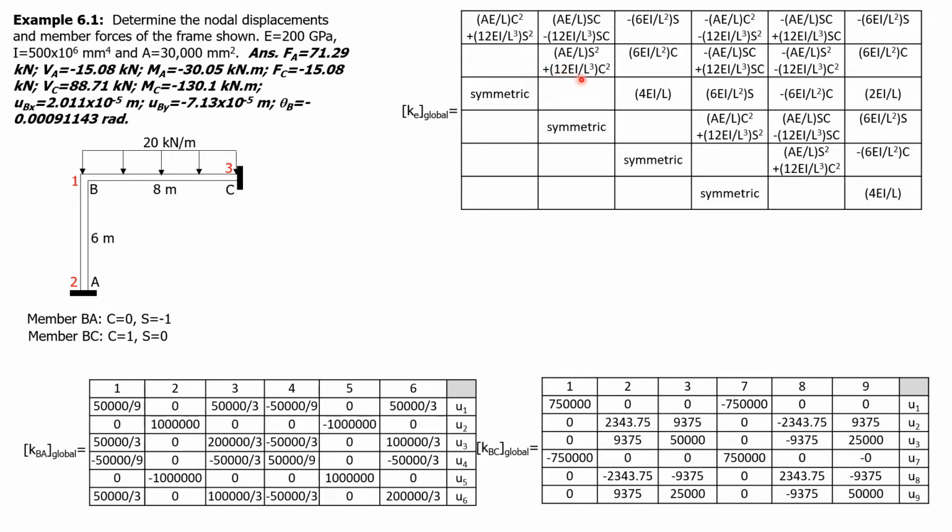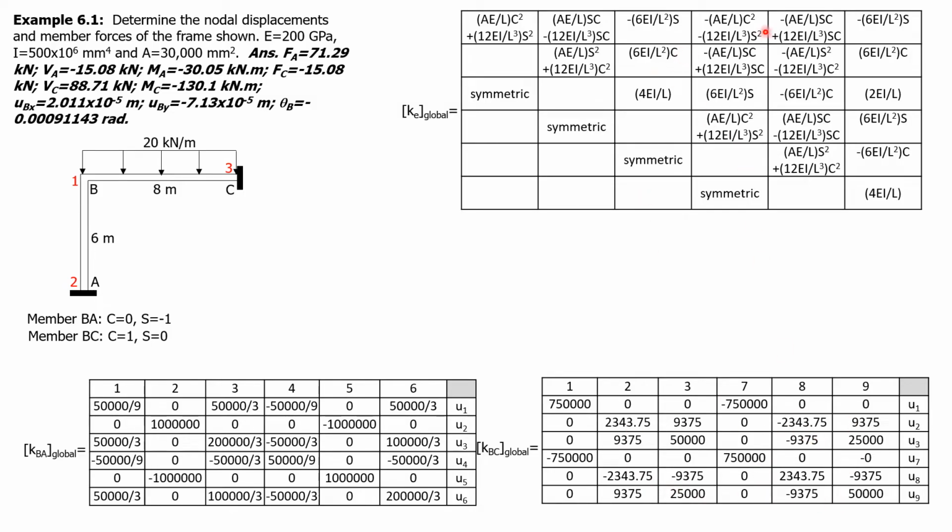This one is 12 EI over L cubed. So 12 times 100,000 divided by 8 cubed. The result is 9375 over 4 or 2343.75. So I think there's no need to explain this.